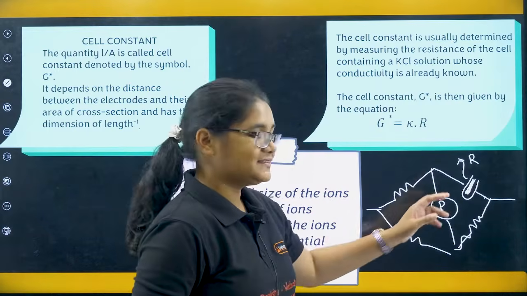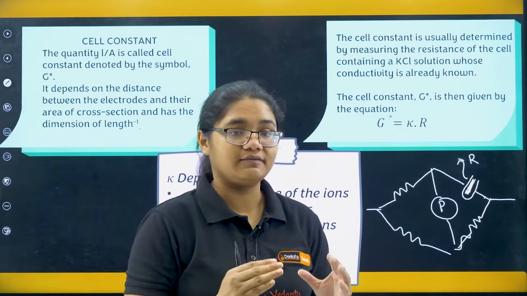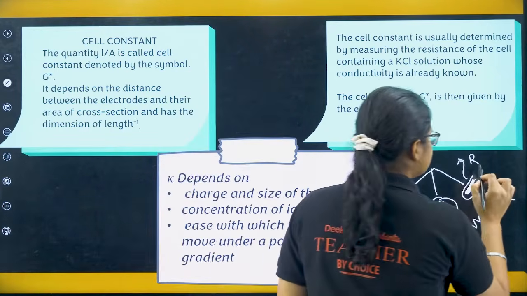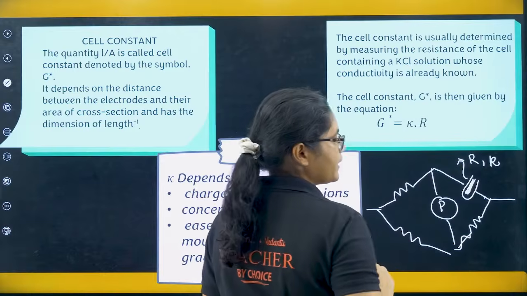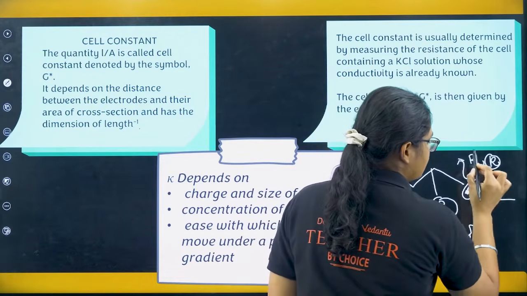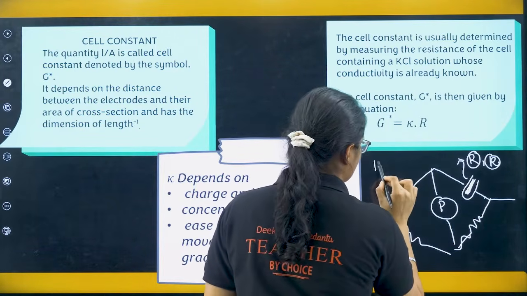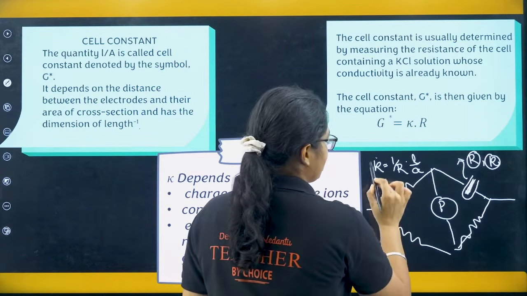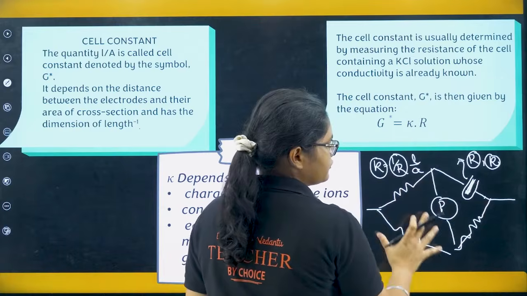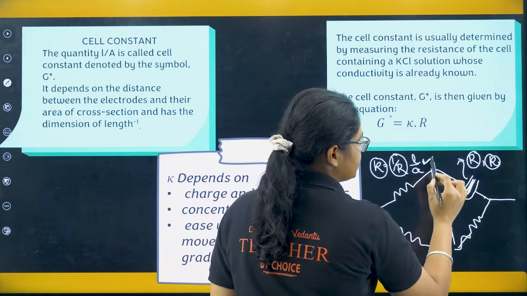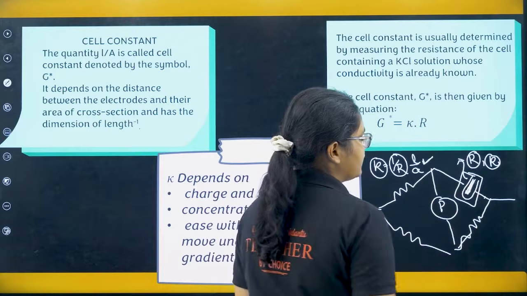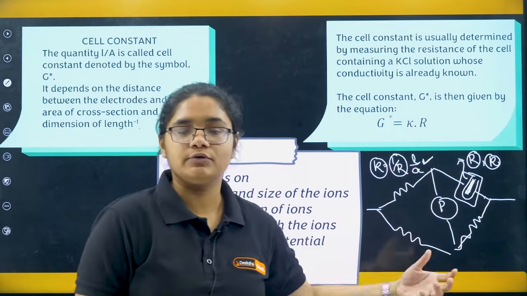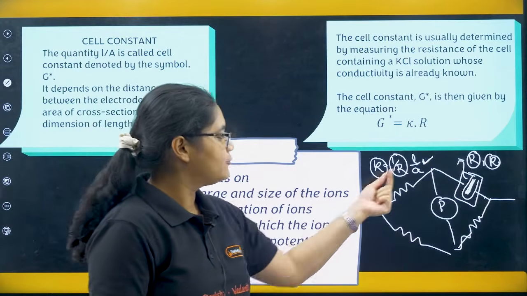Now KCl is a solution whose conductivity is known at different temperatures, so its kappa value is also known. If I know the kappa value and the R value, I have the formula kappa is equal to 1 by R into L by A. So I have the kappa value, I calculated the R value using the Wheatstone bridge, and then I can calculate the cell constant of this particular conductivity cell.